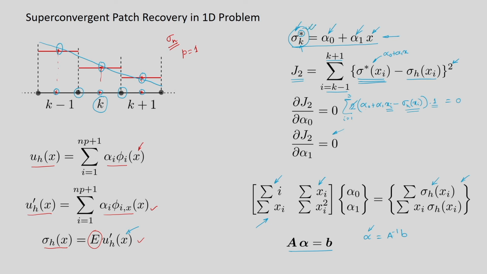So, we will get the nodal recovered stresses at these internal nodes. Once that is done, we will next consider the next element, and we will take these 3 elements as a patch, and we will again calculate the recovered stresses at the internal nodes following a similar strategy.